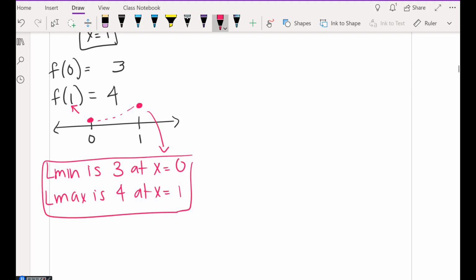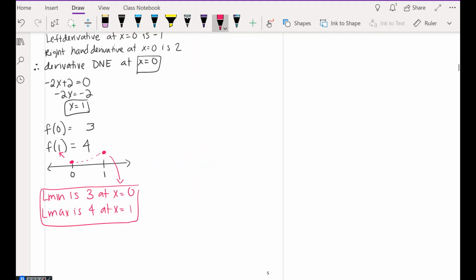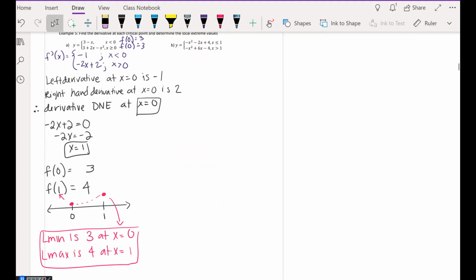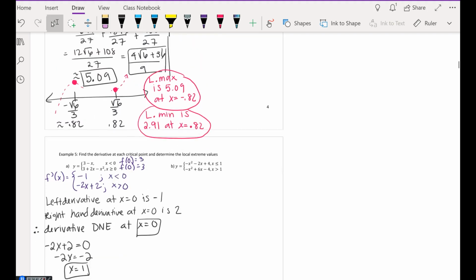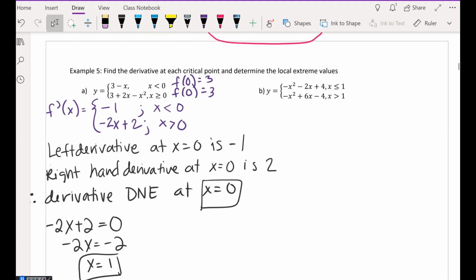What was your thought process when finding the second critical point? Remember the definition, good question. A critical point is where the derivative is 0 or where it does not exist, because this is a piecewise function. When we took the derivative, the left-hand derivative is negative 1 and the right-hand derivative is 2.